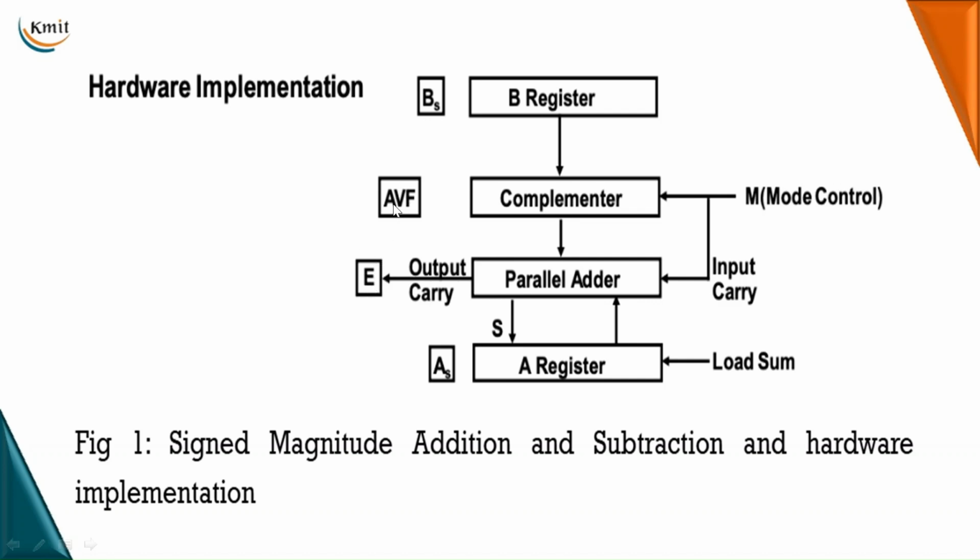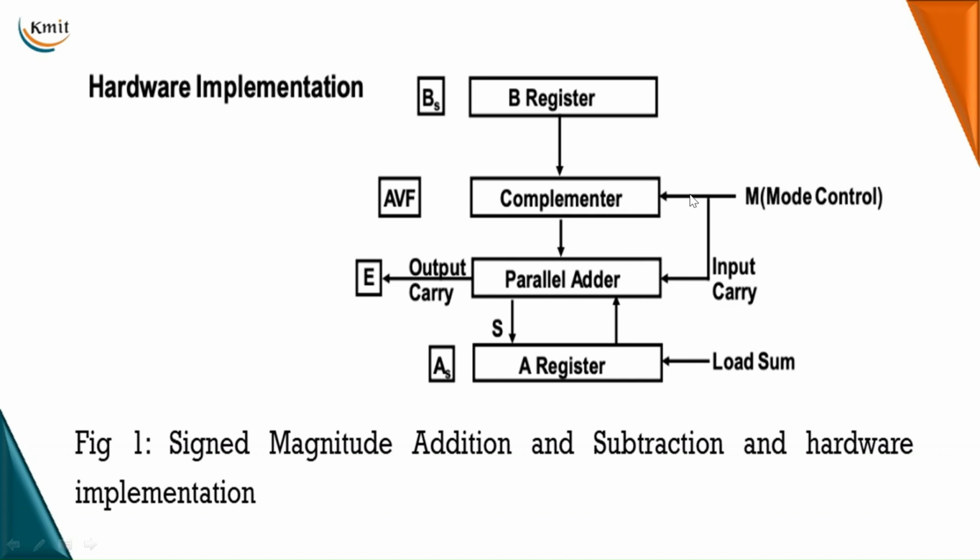And we have one more flip flop called AVF, which stands for add overflow flip flop. This is used to store the overflow. If there is any overflow out of your addition operation, it is stored in the overflow flip flop. And then we have a complementer.